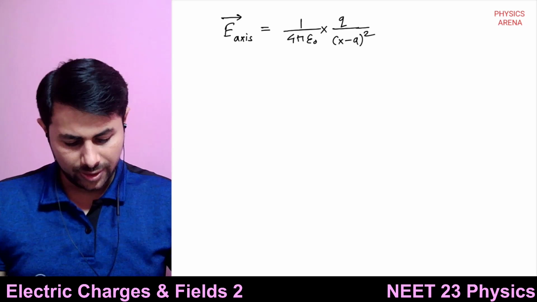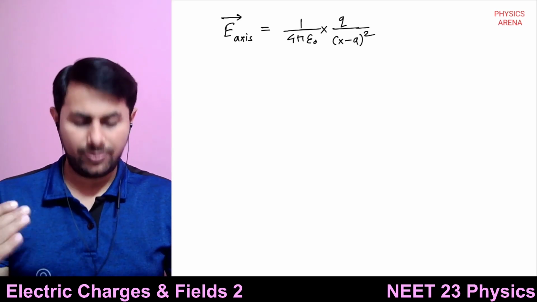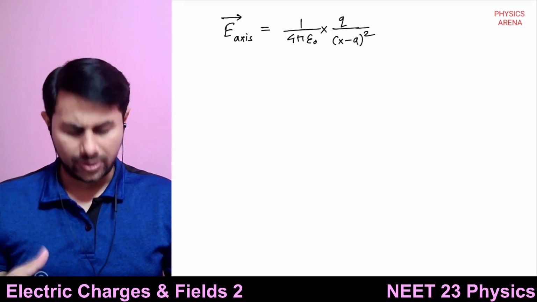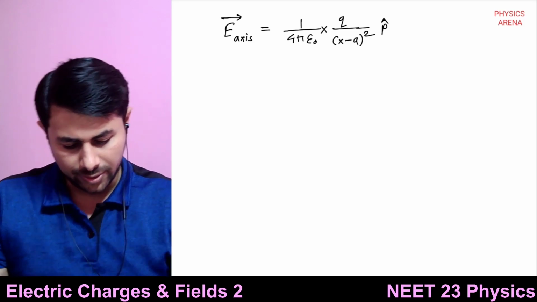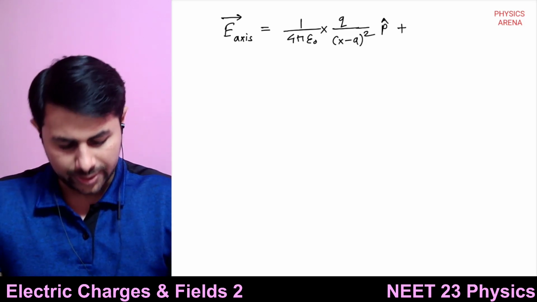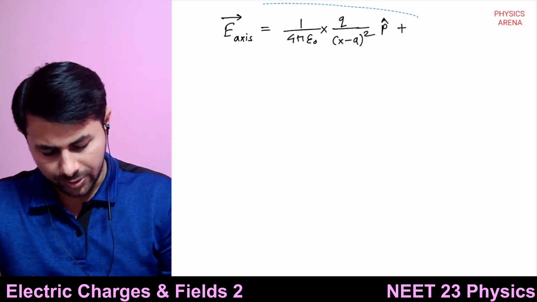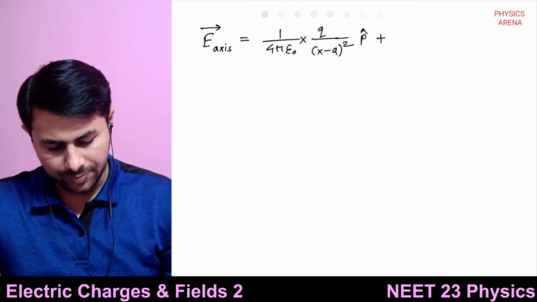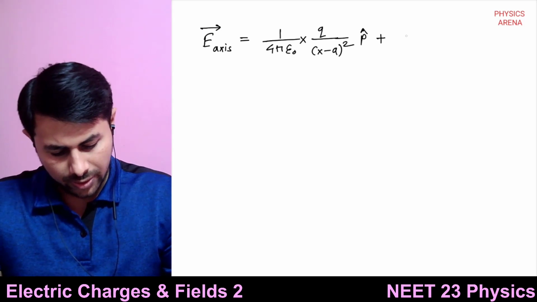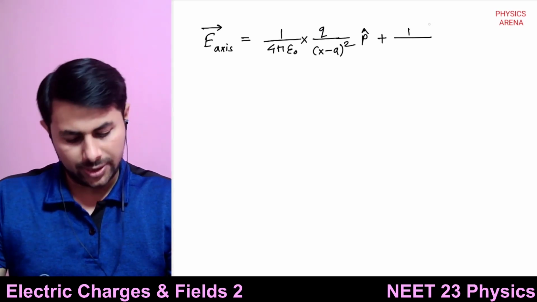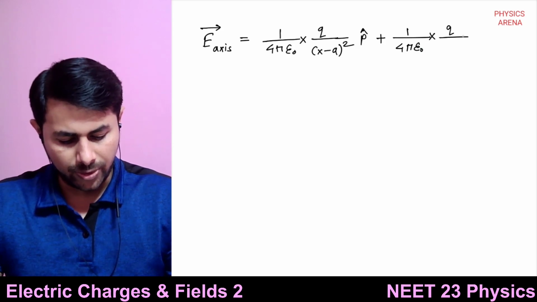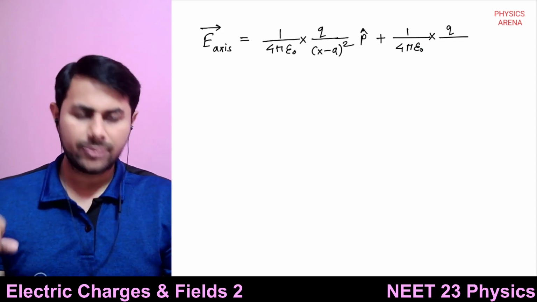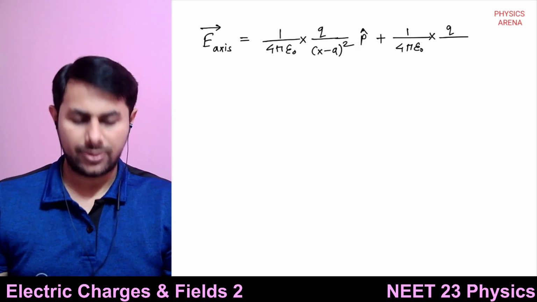What about direction? It is directed in the direction of P bar along the dipole. Then plus, this is the electric field due to the positive charge only, plus we have the electric field due to the negative charge. It is 1 upon 4 pi epsilon naught Q upon the distance from the negative charge, squared.